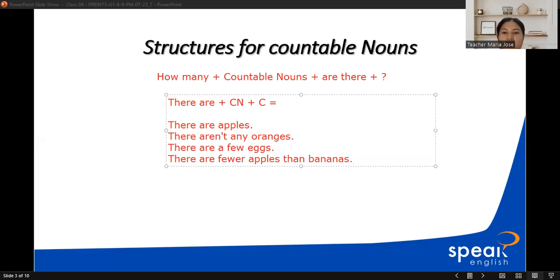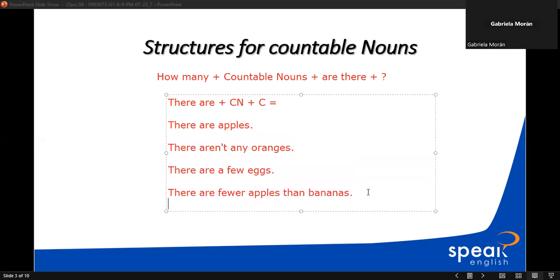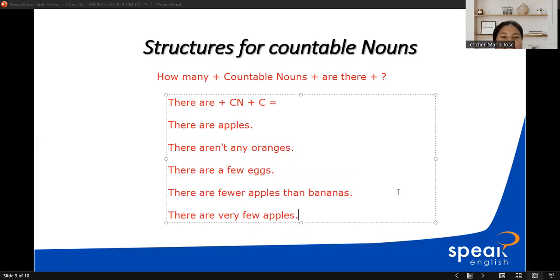Okay, there is one more structure left. What is the other structure, Gabriela? There are very few apples. Okay, I think you love apples today. Excellent. Very good.